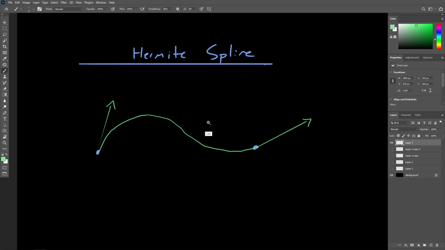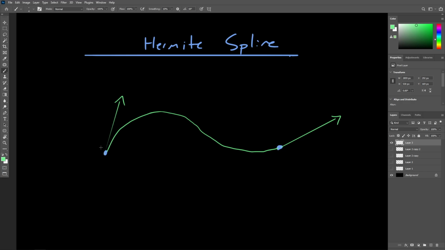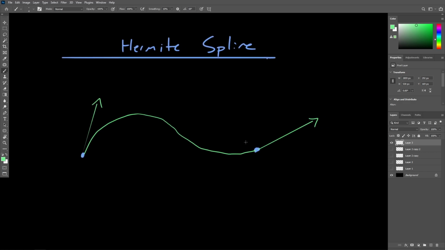All right, so we are not only able to define the path of this curve using control points, and note the fact that the curve does actually pass through all control points in this case, which is not the case for the quadratic and cubic Bezier curves, right? There are points there that the curve does not pass through.